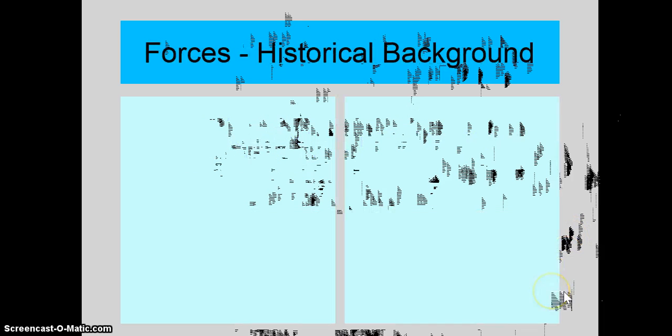So this is just a little talk about the background of forces. A long time ago, several thousand years ago, Aristotle, who was a Greek philosopher and Greek scientist, although the definition of science has definitely changed since then, believed that heavier objects fall faster than light objects.